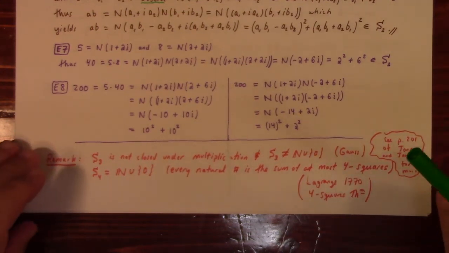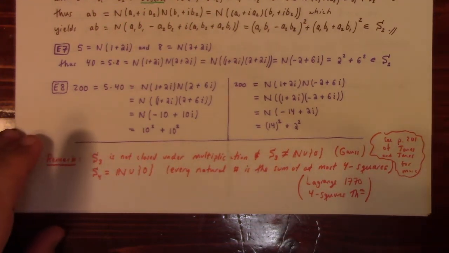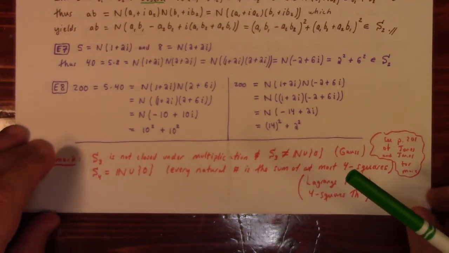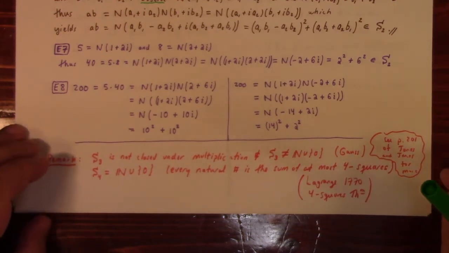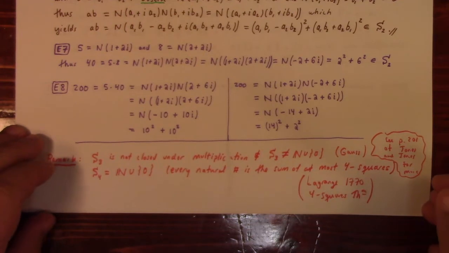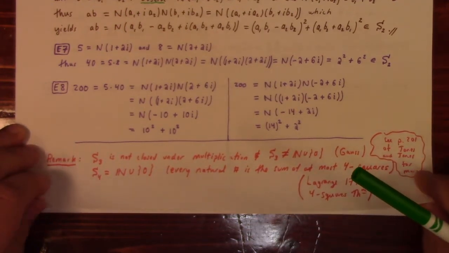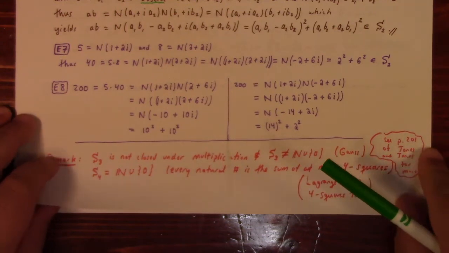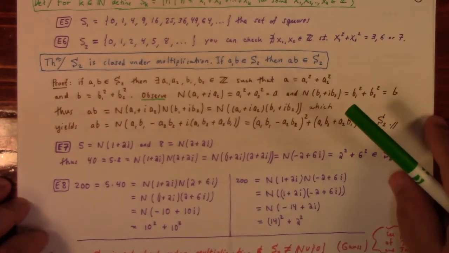And the four squares theorem, the complete proof of it, in some sense rests on the structure of what are known as quaternions, something we'll talk about in a future lecture. So quaternions give you a nice proof of the closure of S4 under multiplication, in the same sense that Gaussian integers just showed you on this page that S2 is closed under multiplication.